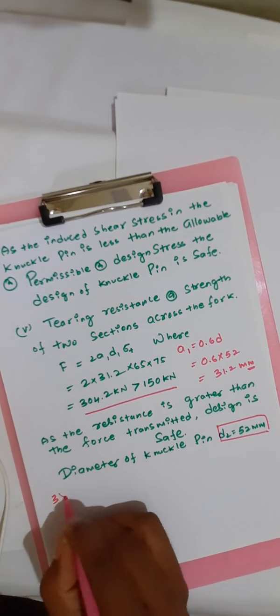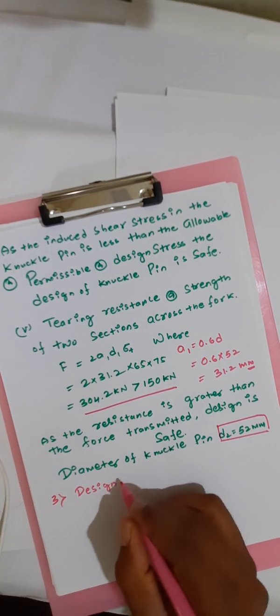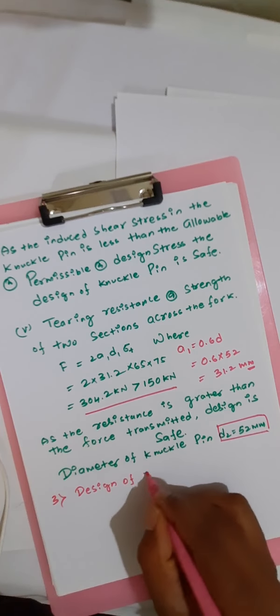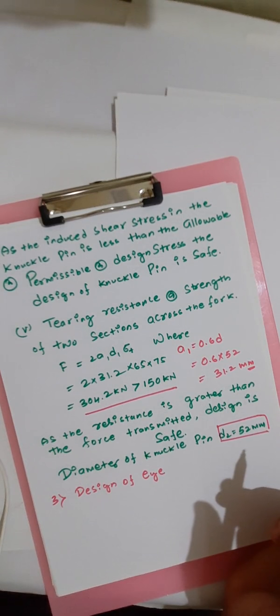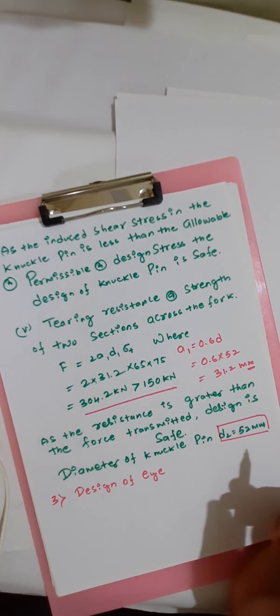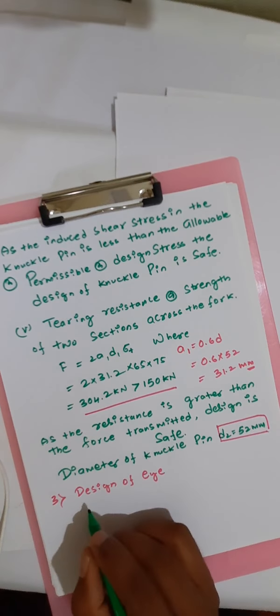Next, the third parameter is the design of eye. So here first we need to find out the thickness, diameter, and next we need to find out the shearing strength. So design of eye.